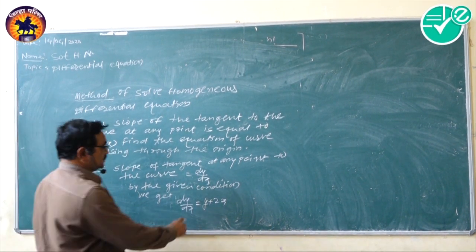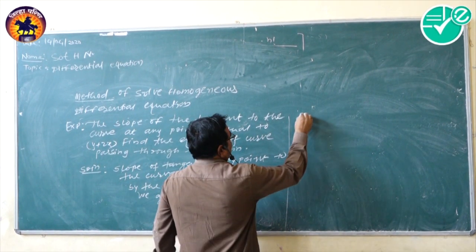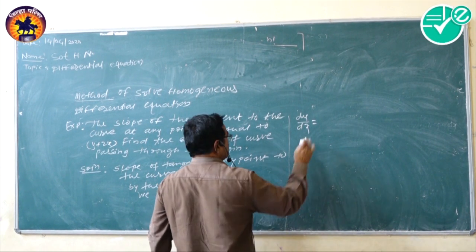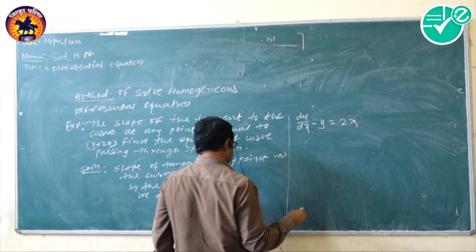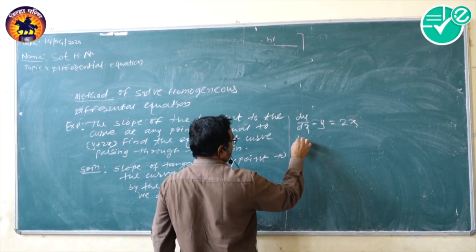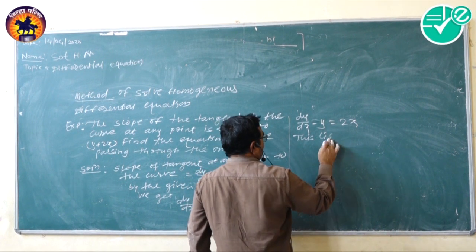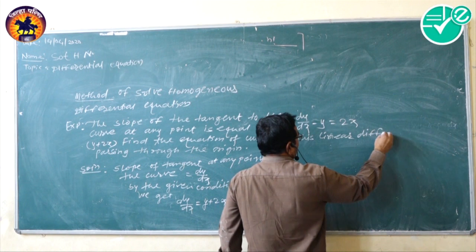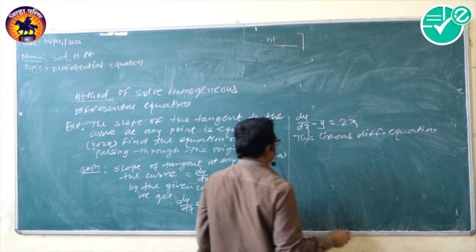We convert this into a linear equation, that is dy by dx minus y equal to 2x. This is the linear differential equation.